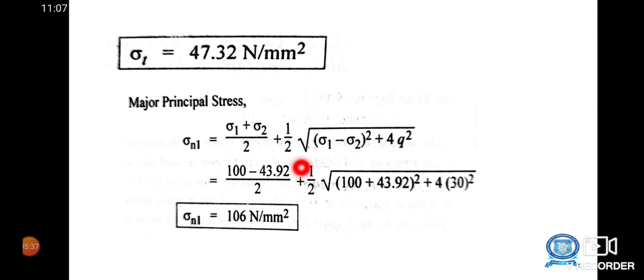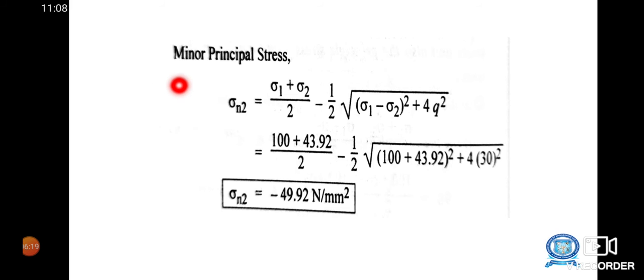We apply all the given and calculated values: 100 minus 43.92, since it is a compressive stress we put the minus sign, divided by 2 plus 1 by 2 root of 100 plus 43.92 whole square plus 4 into 30 square. Simplifying, we got the major principal stress sigma n1 equal to 106 Newton per millimeter square.